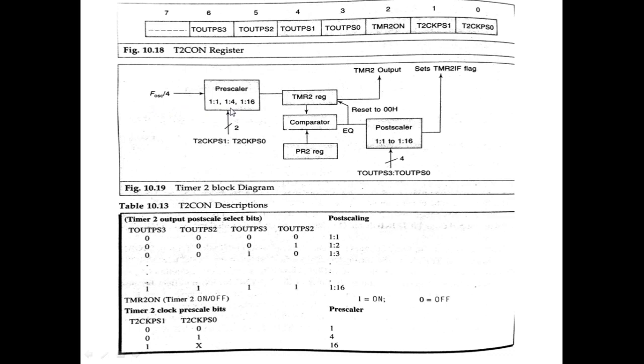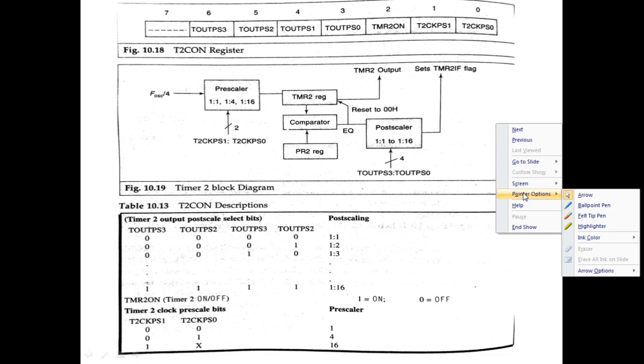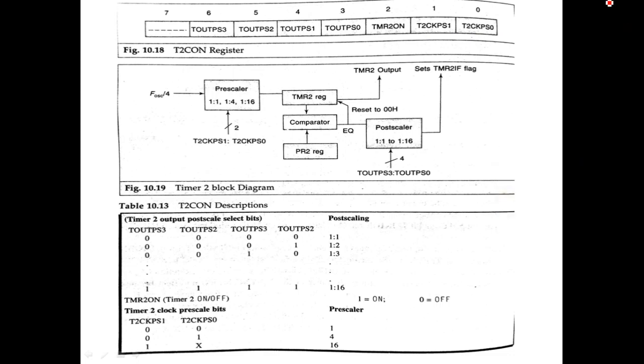The pre-scaler can divide the frequency at the most by 16. The post-scaler can also divide the frequency at the most by 16. Pre-scaling and post-scaling are decided by the corresponding bits in this control register. Timer 2 pre-scaler 1 and timer 2 pre-scaler 0, these two bits will decide the pre-scaling.